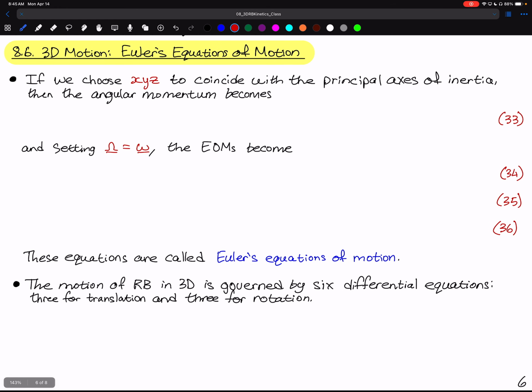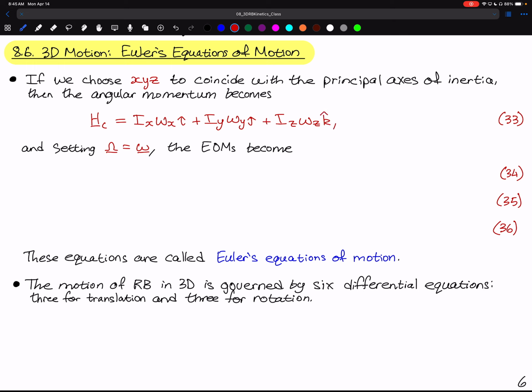We're going to choose our body axes to correspond with the principal axes of inertia, and then our angular momentum will become h sub c is equal to I sub x omega sub x i plus I sub y omega sub y j plus I sub z times omega z k hat.